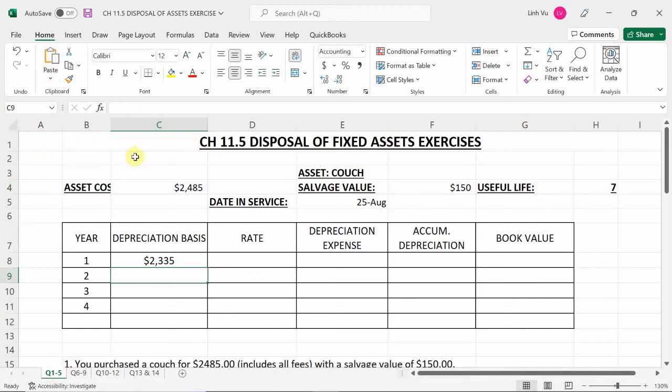Good. What's my rate? This is straight line. What's my rate?